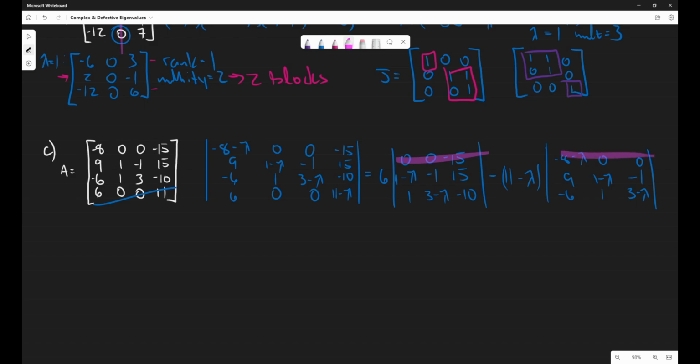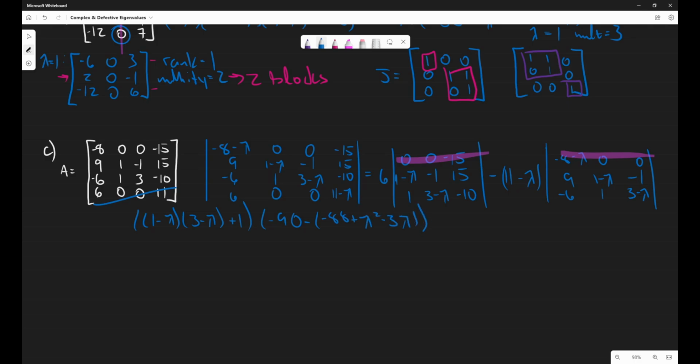And so after you do all of that, you should be able to get 1 minus lambda times 3 minus lambda plus 1 multiplied by negative 90 minus negative 88 plus lambda squared minus 3 lambda.